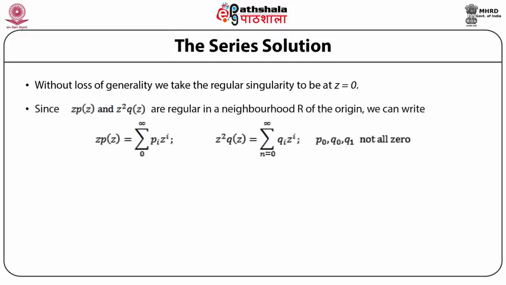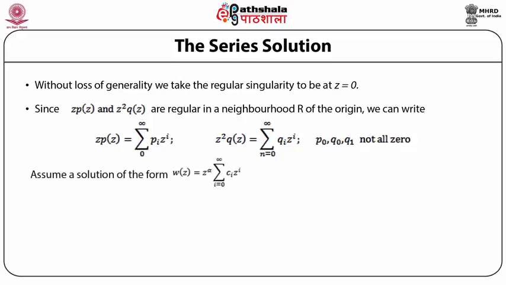Then, since z times p(z) and z square times q(z) are regular in a neighborhood capital R of the origin, they can be expanded in Taylor series. z times p(z) will be equal to summation over i going from 0 to infinity p_i into z raised to power i. z square times q(z) will be equal to summation over i going from 0 to infinity q_i times z raised to power i, where p0, q0, q1 are all non-zero.